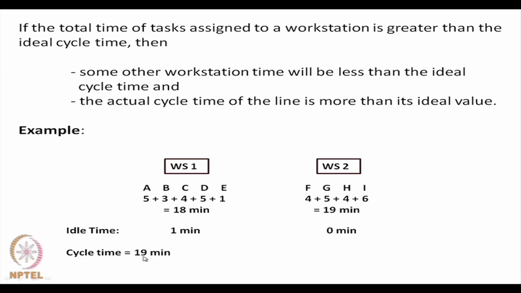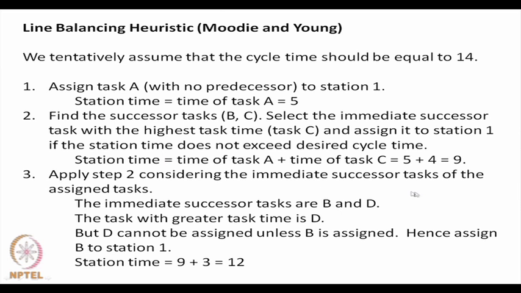The cycle time, that means the work will be completed after 19 minutes only, is called the cycle time. The cycle time is therefore 19 minutes, and the idle time of workstation 1 is 1 minute. For 1 minute it will remain idle, and workstation 2 will be always busy. Of course, we need 3 workstations and not 2.